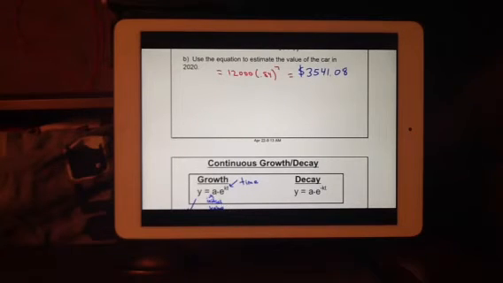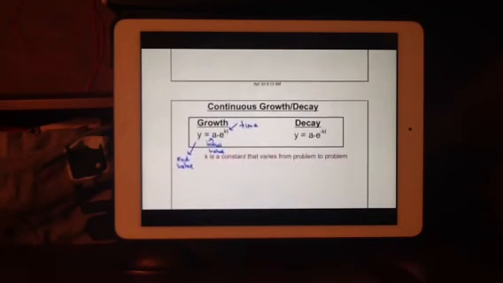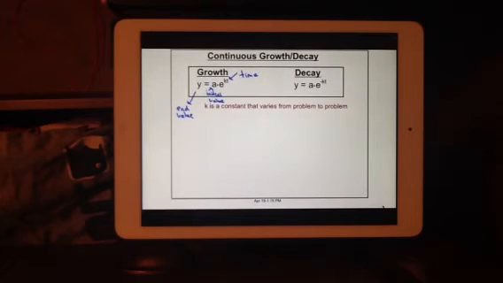It's called a constant, and in each problem it's going to be different. And if you notice, for the decay formula, the exponent, the k, is a negative number. So it's still some initial value a times e, remember e is approximately 2.71, to the negative kt power. Again, k is that constant that varies from problem to problem. Okay, so let's see this in action.